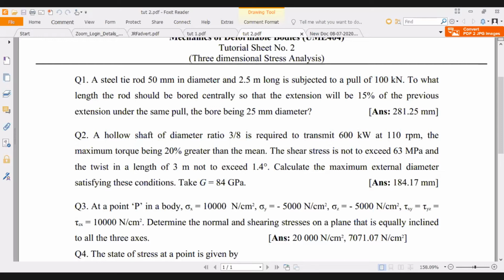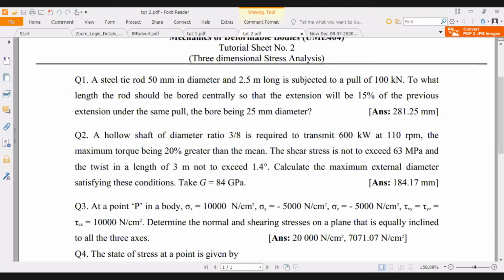So how will you proceed with this question? See this. This is a torsional problem. Torsional means you need to use the torsional equation you have studied in the solid mechanics and structures subject. In that relation, what is the main component?